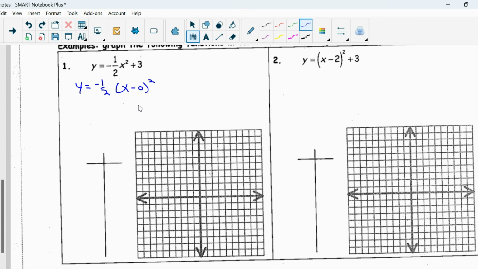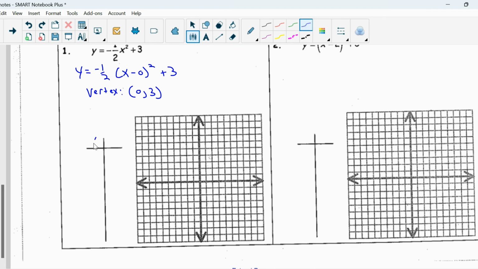Anything minus 0 is itself, plus our 3 on the outside. So from here, you can tell our vertex is our h value, which in this case is 0, and our k value, which is 3. So we have a vertex of 0, 3. That's a good starting point for us.